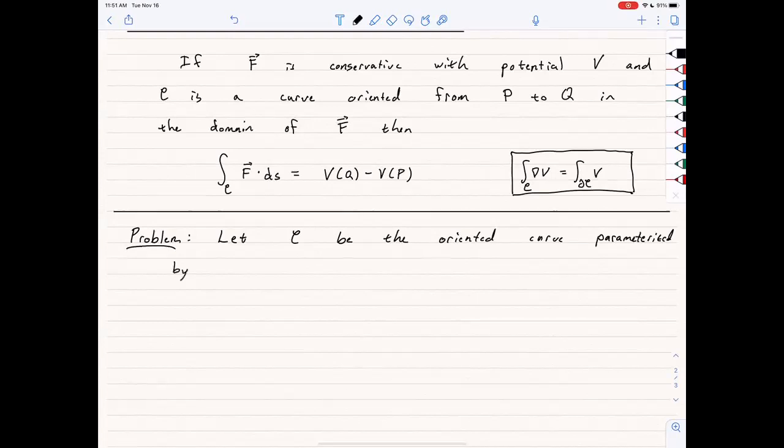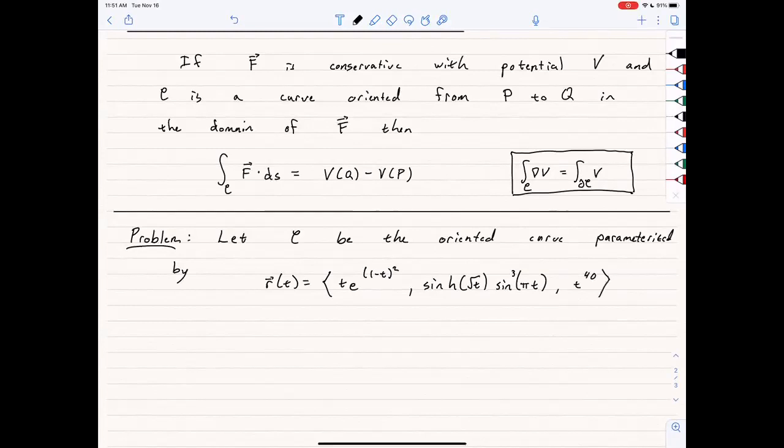So parametrized by the following function, r of t equals t times e to the 1 minus t squared, hyperbolic sine, square root of t, times sine, ordinary sine, cubed, of course, of pi t, t to the 40th.